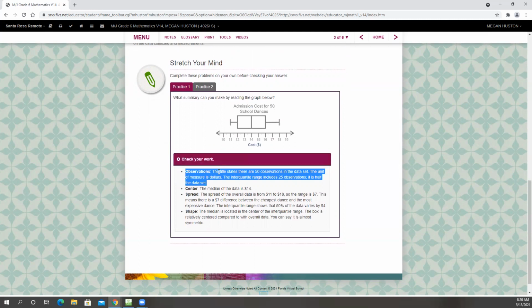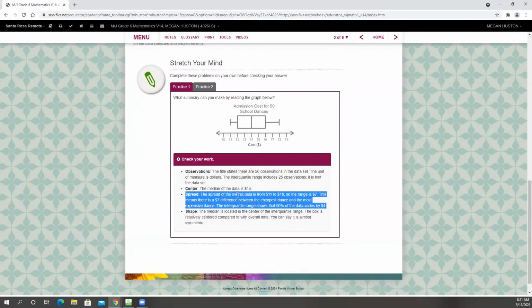The unit of measure is dollars; down here we have our cost in dollars. The interquartile range includes 25 observations because it's half of the data set. So our whole box is worth 50%, and half of 50 is 25. The median is 14, the middle of our box.